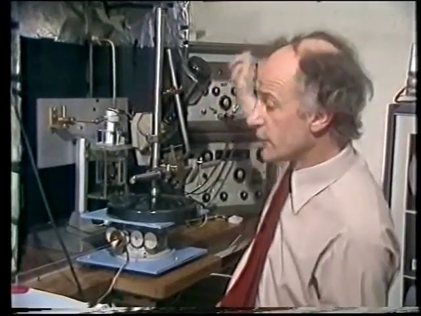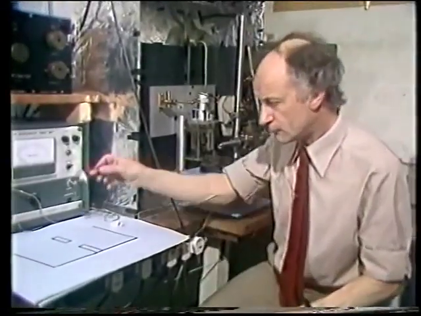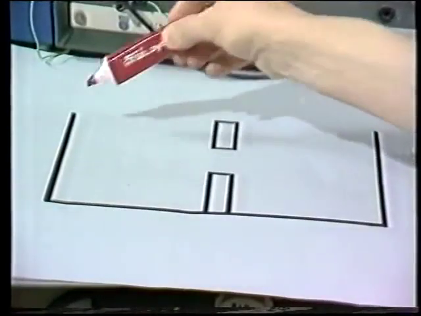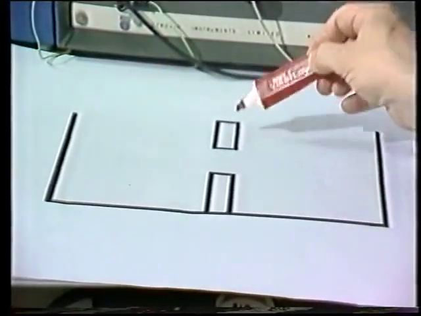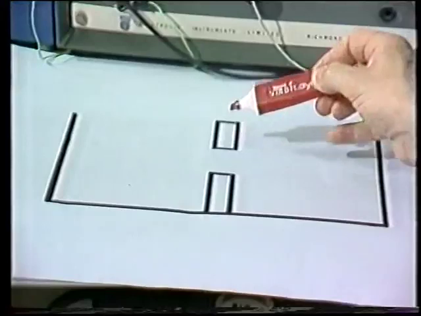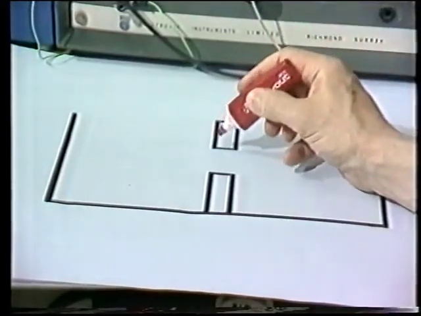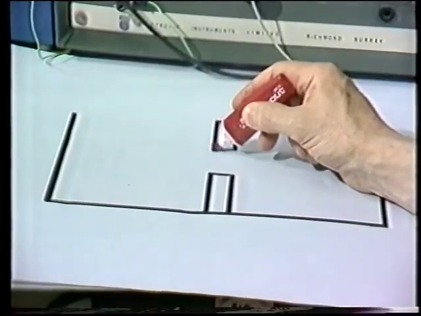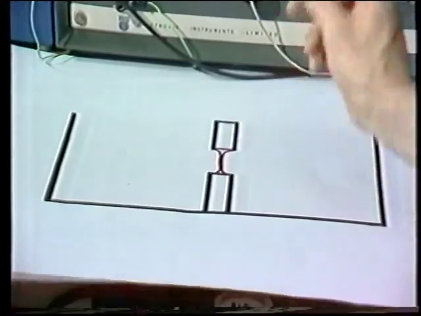It isn't easy to see on this, so I'll illustrate it in this diagram. This is the aqueous solution in this Perspex container. And this is the Teflon support with a hole in it, across which we make the film. So when I make a film, it forms roughly like that.